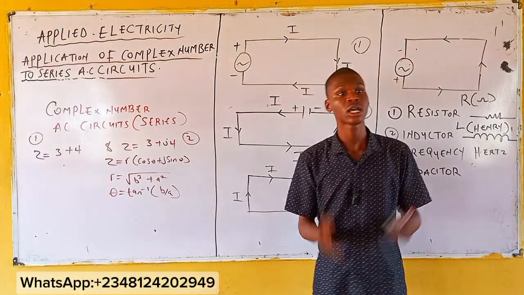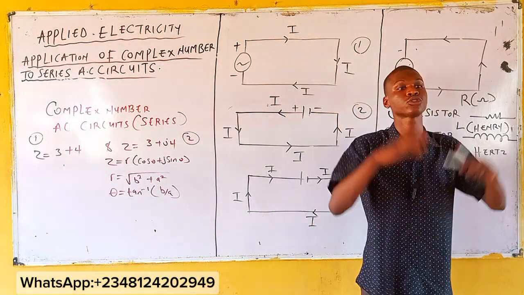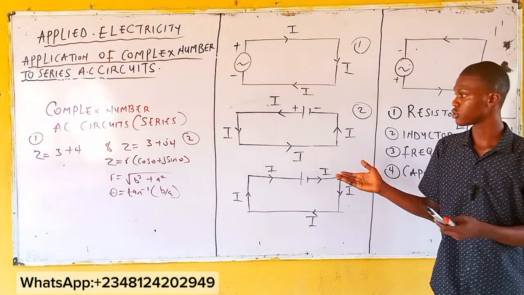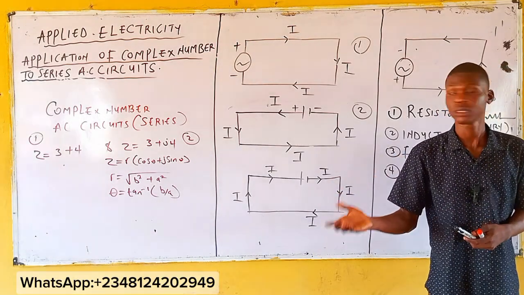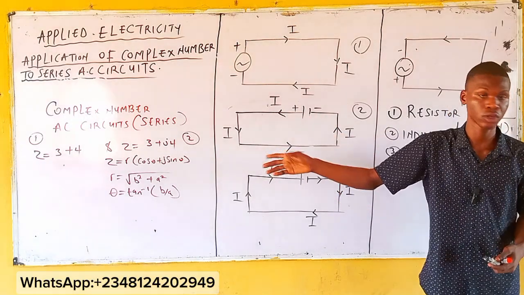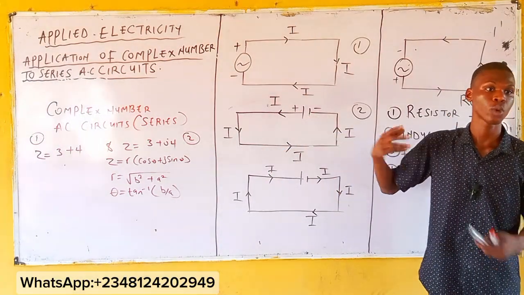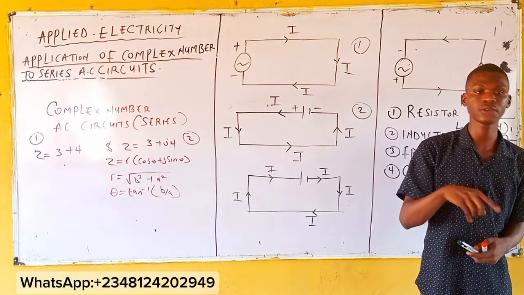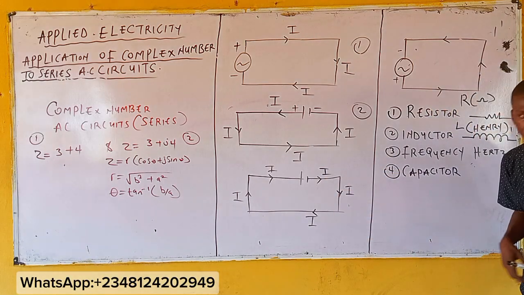We know by definition, a capacitor is a device that stores electrical charges, while your resistor opposes the flow of current. And this one is your cell. As it is now, this is a cell. When you have more than two cells, it becomes a battery. Now, by representation, what is the difference between a cell and a capacitor?